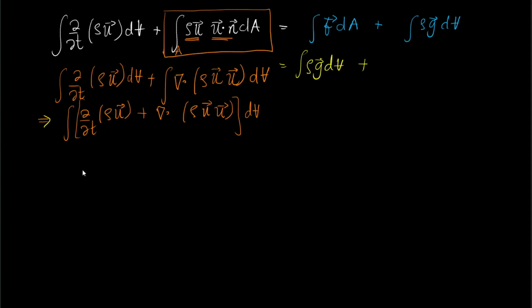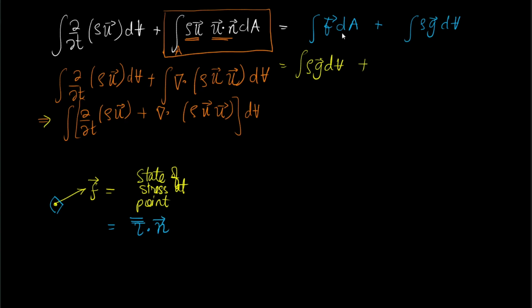Now let us recall from our considerations of equilibrium that the traction force at a point can be represented in terms of the state of stress at that point, and depending on the orientation of the area on which the traction force is acting, the force was given as tau dot n.